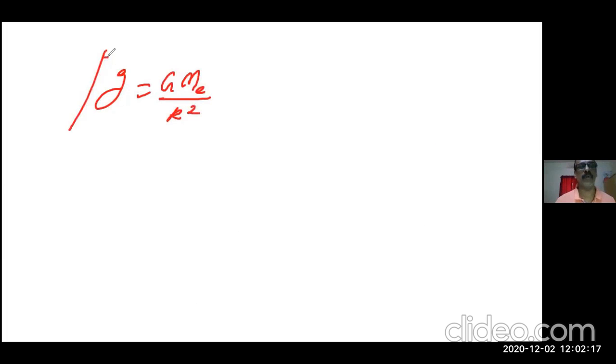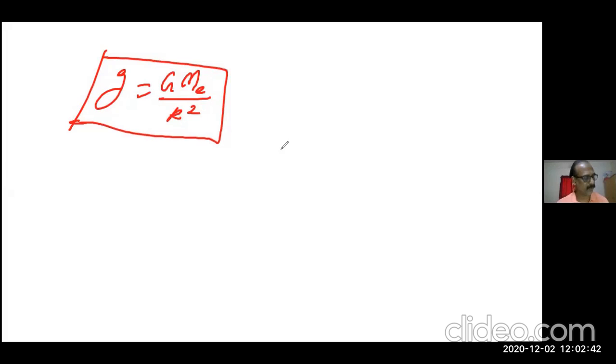Next. So here, finally, we got g is equal to GME divided by R squared. This expression shows that acceleration due to gravity is independent of the mass of the body falling towards it.